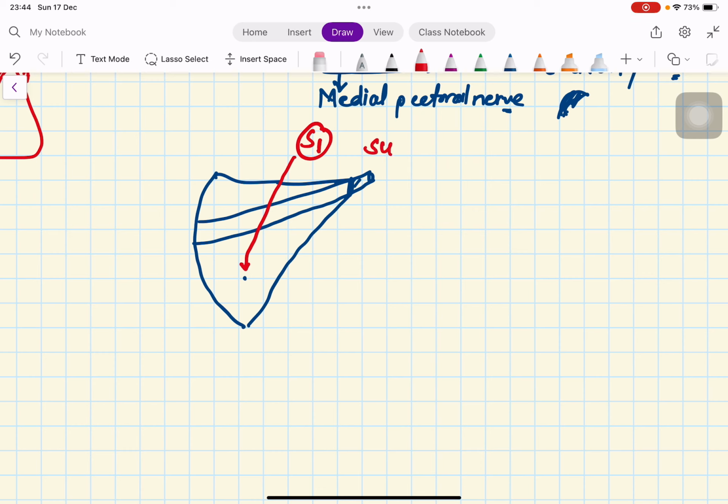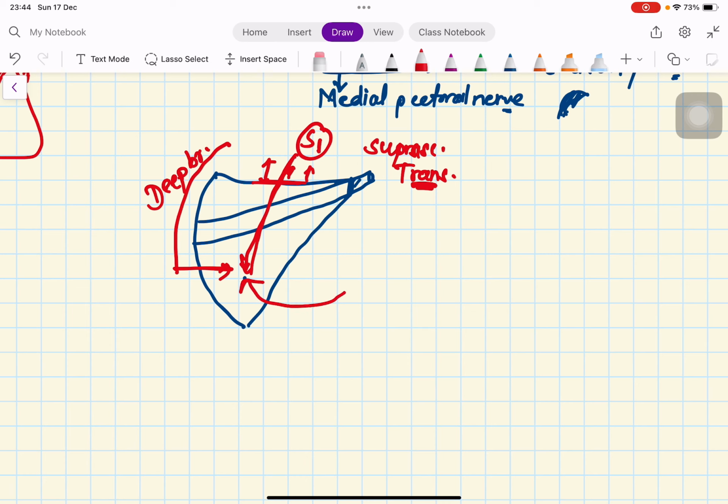One is the suprascapular, another is the transverse cervical. So this is the suprascapular because it is coming from above the scapula. Another is the transverse cervical, which has the deep branch of the transverse cervical. And the last one, the important one, is the circumflex scapular.